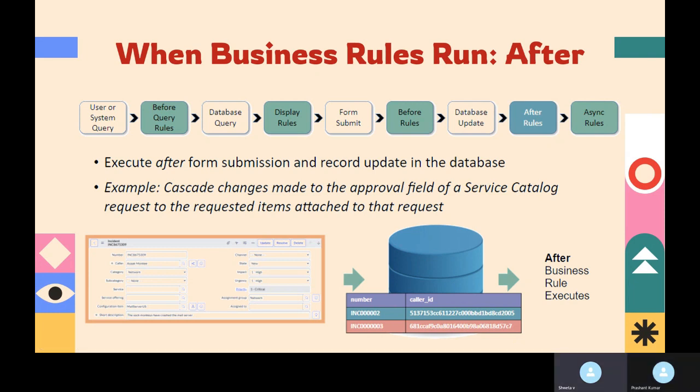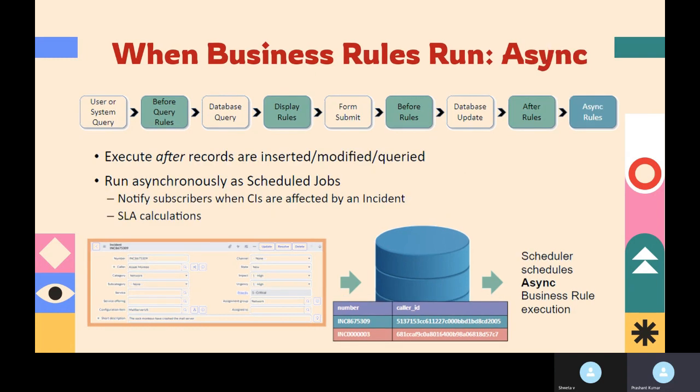And now last we have async business rule. I have already told you it is running asynchronously like jobs. So you see, run asynchronously as scheduled jobs. A job will be generated as soon as our asynchronous business rule is executed.